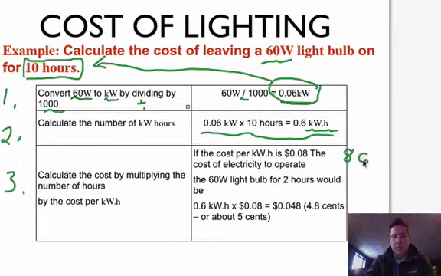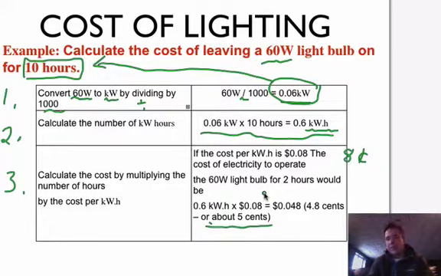The cost of electricity to operate the 60-watt light bulb would be, well, now what I need to do is look at the cents value. I look at how many kilowatt hours, and then I multiply it by however many cents it costs to operate that light bulb, and I get 4.8 cents, or about 5 cents.